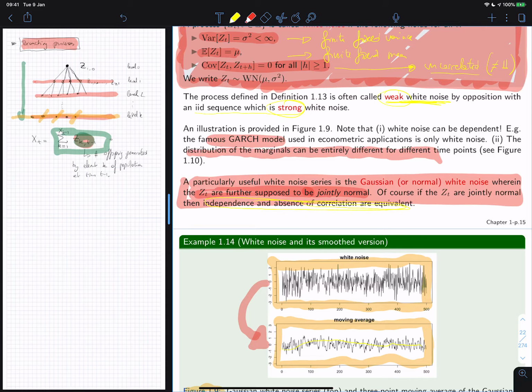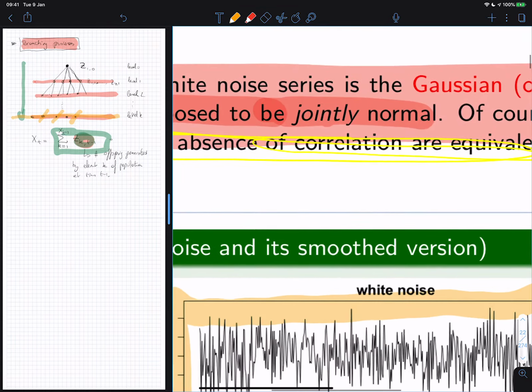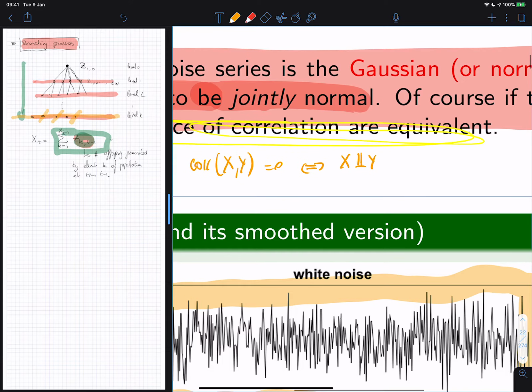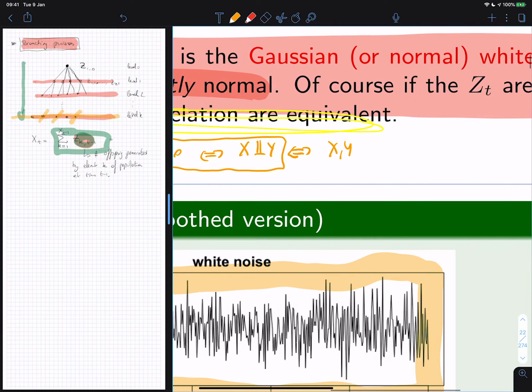But you must remember that correlation of x, y being 0 is equivalent to x being independent of y if and only if x and y are jointly Gaussian.